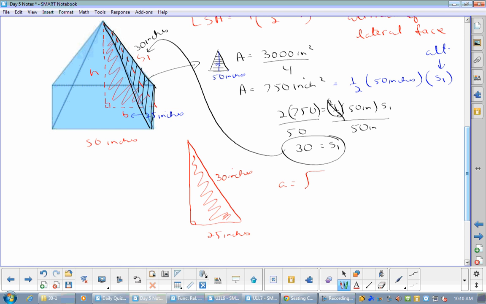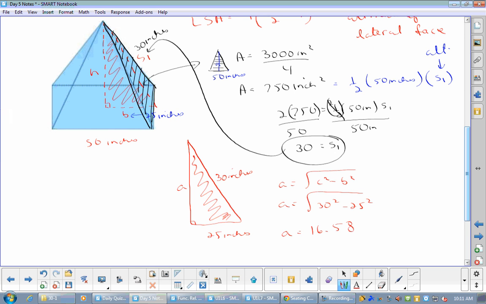Sorry, we could go A is this, because this is our A. It's the same thing as C squared minus B squared. A equals the square root of 30 squared minus 25 squared. And I get A to equal, it's a good question, 16.58, right?